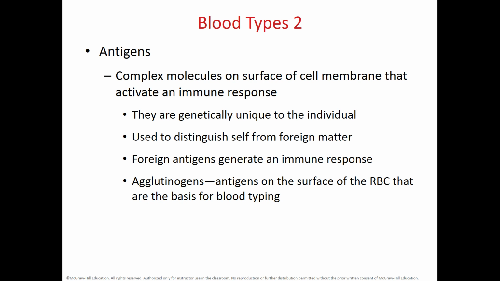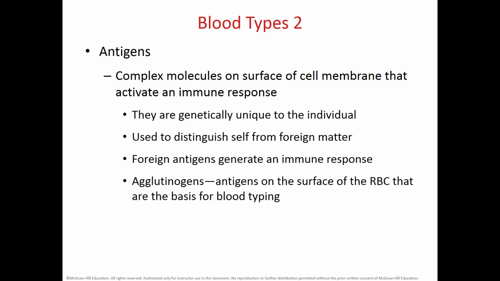And these antigens, when they are not recognized as their own, can activate the immune system, and then you can have an attack of the immune system cells on these different cells. Now, the antigens in the blood are genetically inherited, and they are unique to the individual.